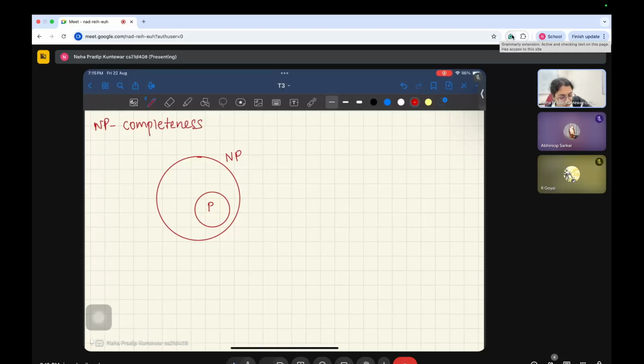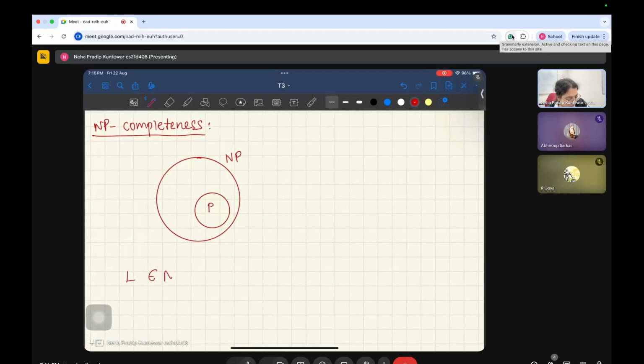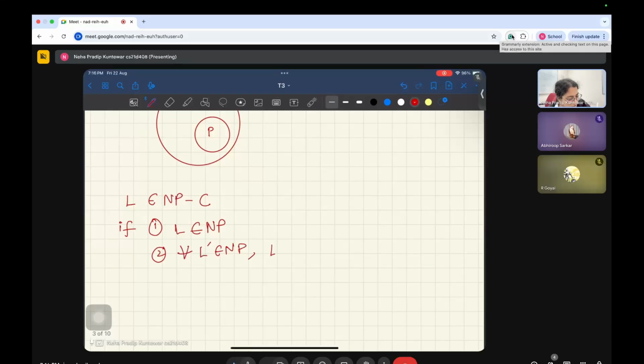We say that L is NP complete if first, L is in NP, and second, for all languages L prime in NP, we have a polynomial time many-one reduction to L.